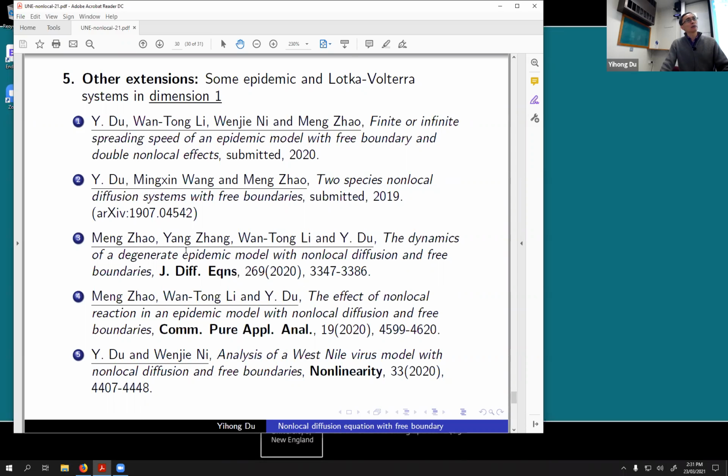And there's another kind, the combustion model. So these are 3 important kinds. And for many of the results I talked about today, there are also versions for those kinds of nonlinear functions. But the Fisher KPP one is the one used most widely in biological and ecological settings.